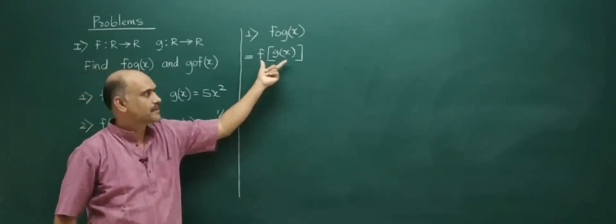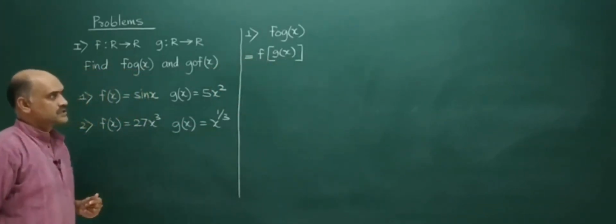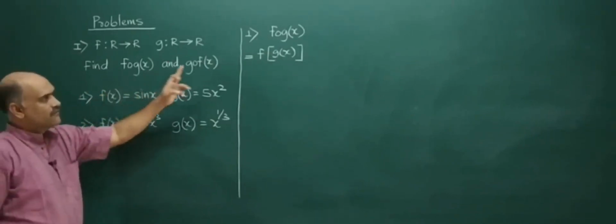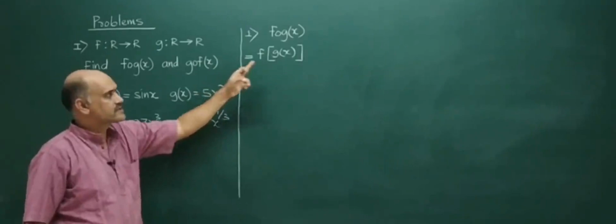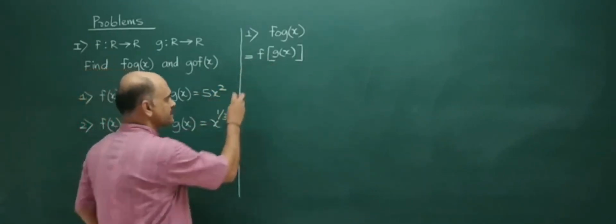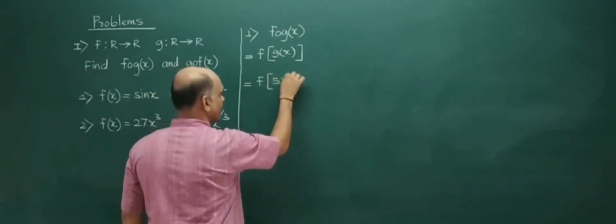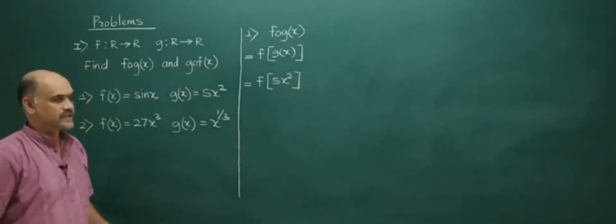You may have any number of functions. So here we have only two functions. So now f of g of x is there. I will substitute g of x over here. So this will be f into bracket pi x square.